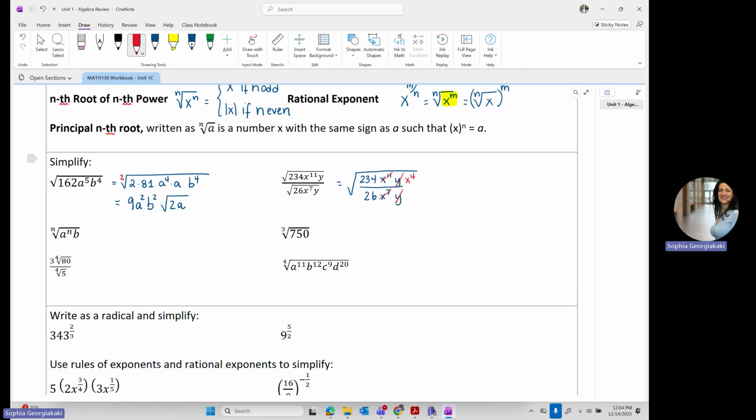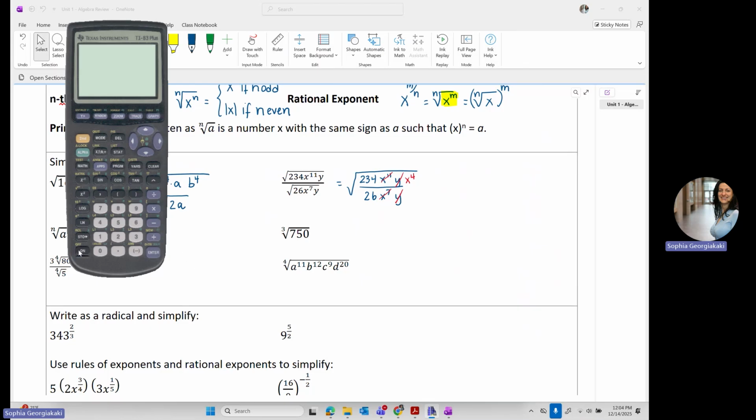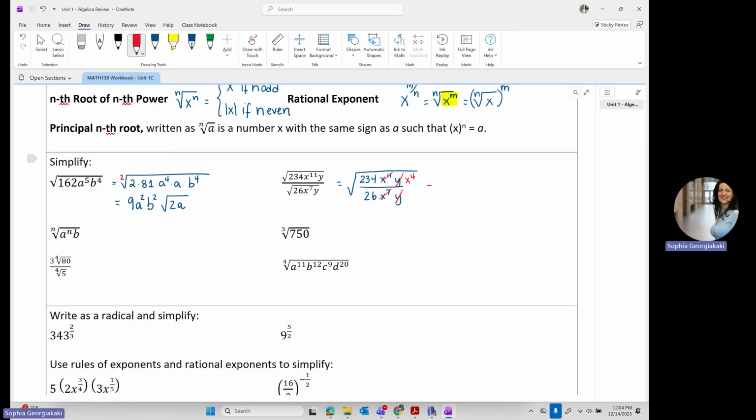And then I'm going to go in my calculator to simplify 234 divided by 26, which is 9. So this is equal to the square root of 9 over 1, x to the 4th over 1, so no denominator.